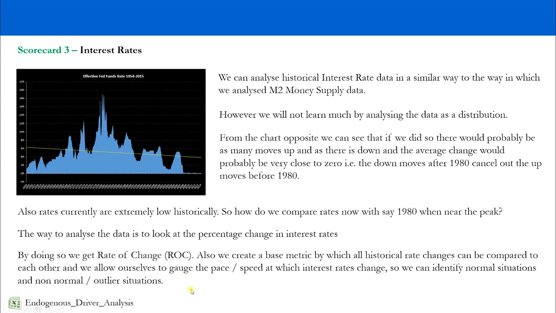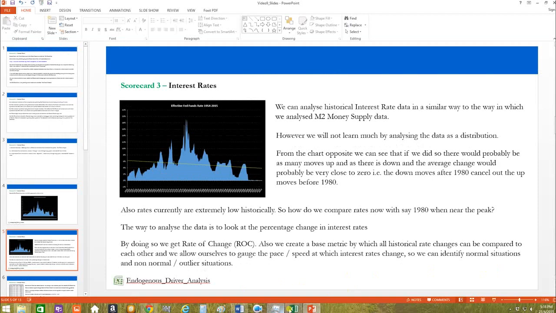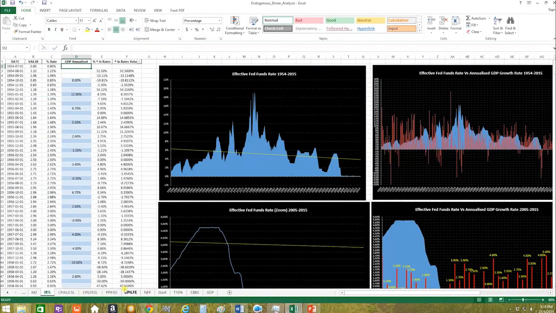Okay, so why don't we go into the spreadsheet, endogenous driver analysis, and take a look at this data. We're currently in the interest rate sheet here. As you can see at the bottom, the IR percentage sheet is next to the M2 money supply.